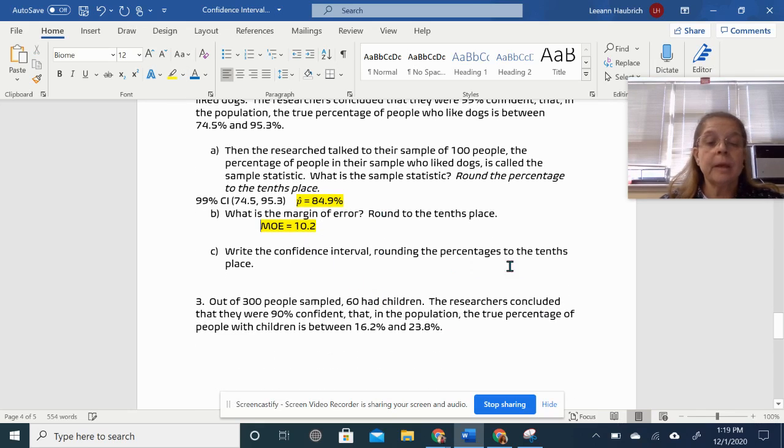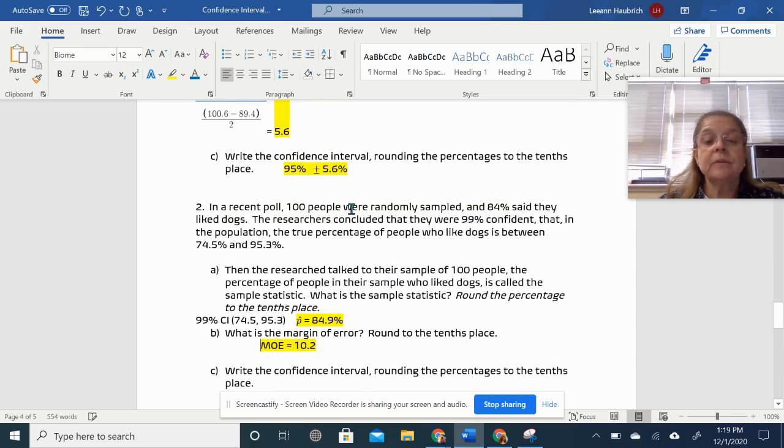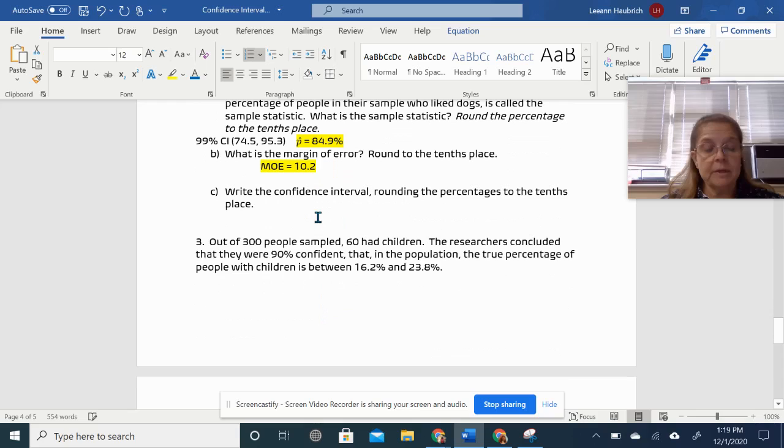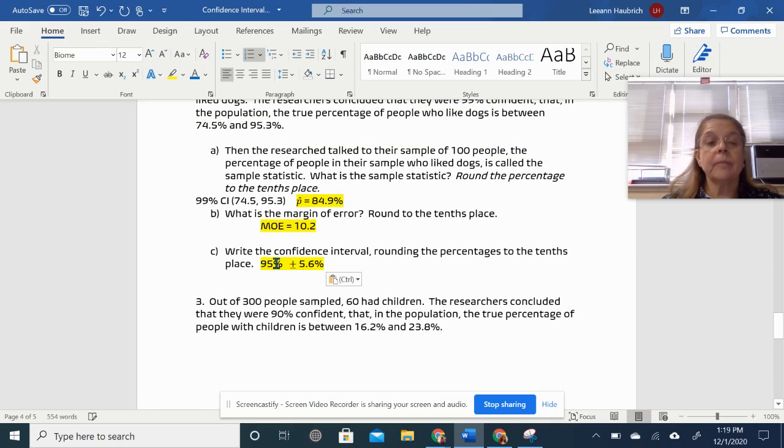Confidence interval using the plus or minus. Just going to steal it from here so I don't have to retype it. And this is going to change to 89.4, but a 10.2.